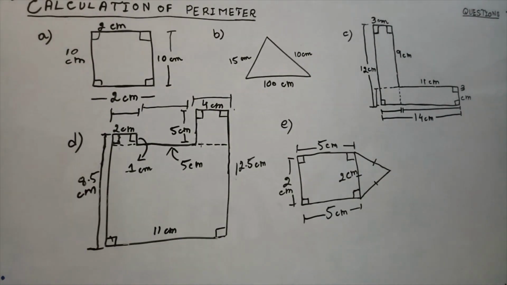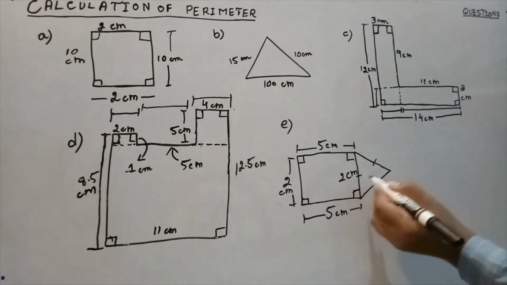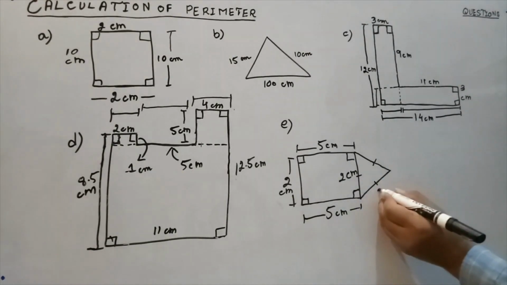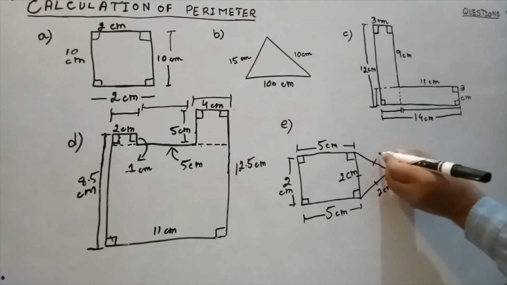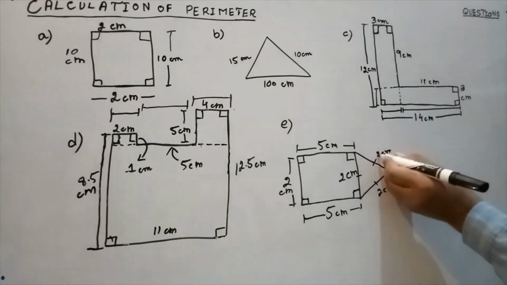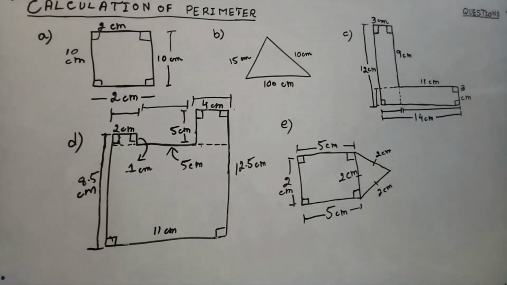It means all the sides of this triangle are equal. If this one is 2 centimeters, then this side will also be 2 centimeters and this side will also be 2 centimeters. So all the sides of the triangle are 2 centimeters.